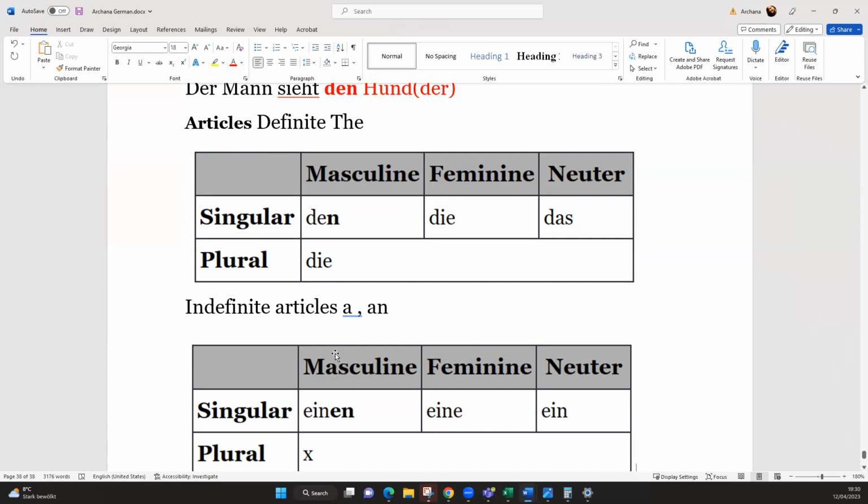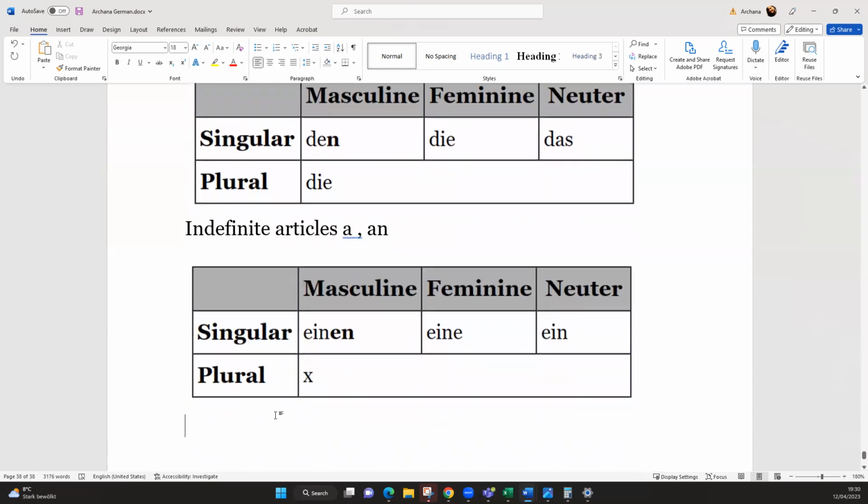Now I wanted to give a summary. For the indefinite article, we spoke about masculine, feminine, and neutral. In neutral, we spoke about ein. Feminine, I said, always ends with e: e-i-n-e, eine. And in the masculine form, in the accusative case, it becomes einen.